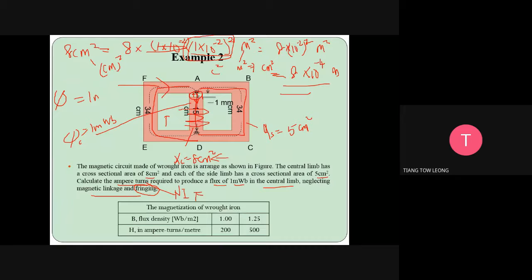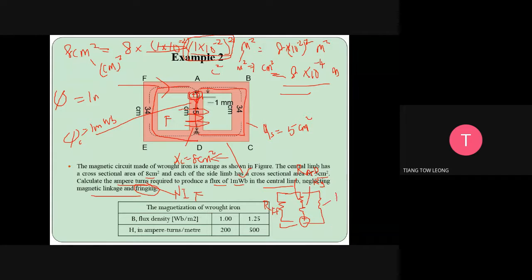F. Okay, so we need to convert into a magnetic circuit first. We know that this is the R, then this has 2R, then one source, then another R. Let's say this is R_FE, this is another R_AD, but we still have an R_G because of the gap.